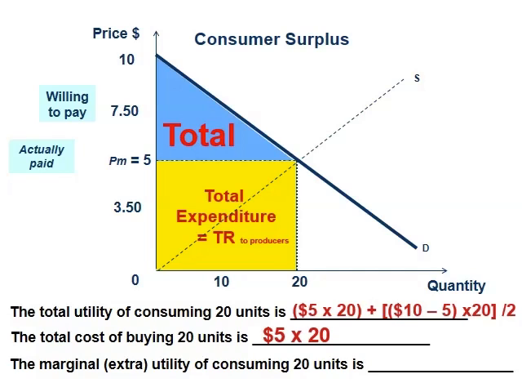So the difference, the extra utility or marginal utility of consuming 20 units, represents the consumer surplus. So if we made a formula, total utility would equal consumer surplus plus total expenditure.